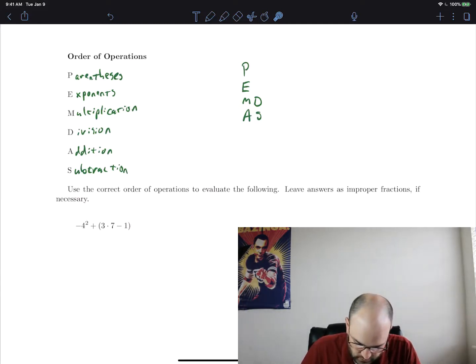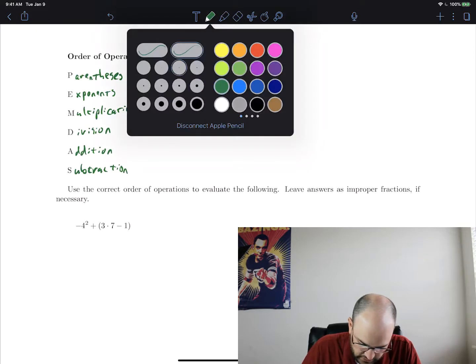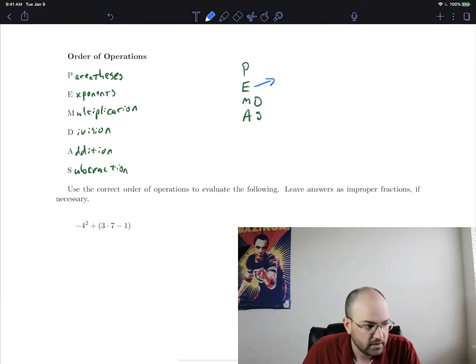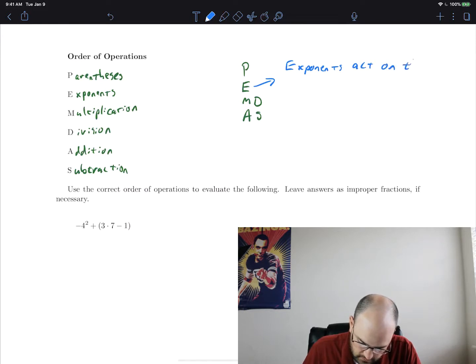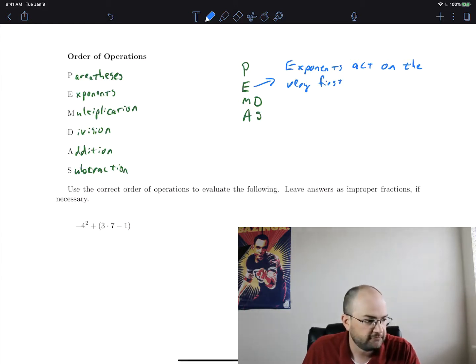Okay, so here's the thing. With the exponents, we need to make sure that we understand one thing. Exponents act on the very first thing to its left.